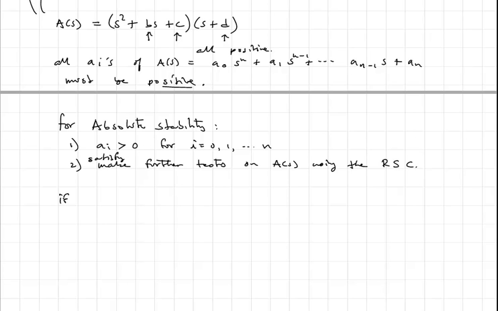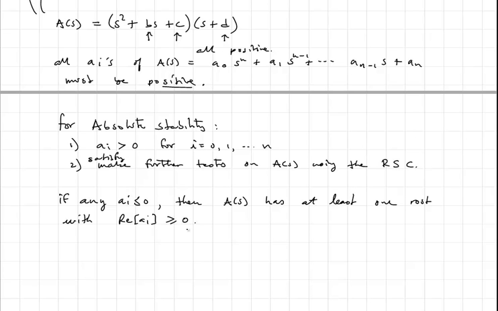Now note, if any a_i is less than or equal to 0, then A(s) has at least one root with the real part greater than or equal to 0.